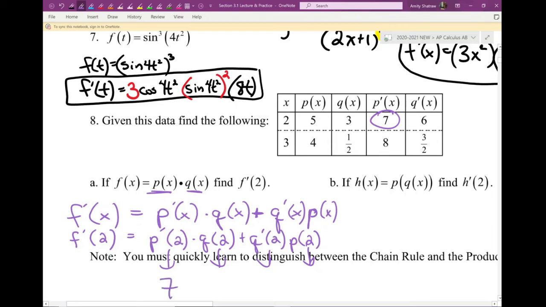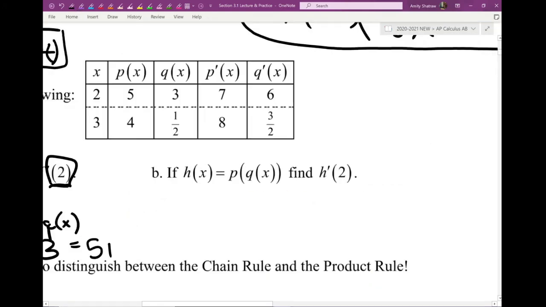And q of 2 will be that guy, so there will be a 3. And then q prime of 2 is that 6, and p of 2 would be that 5. And I end up using every number in this table. 7 times 3 is 21, and 6 times 5 is 30, so I end up with 51 as an answer.